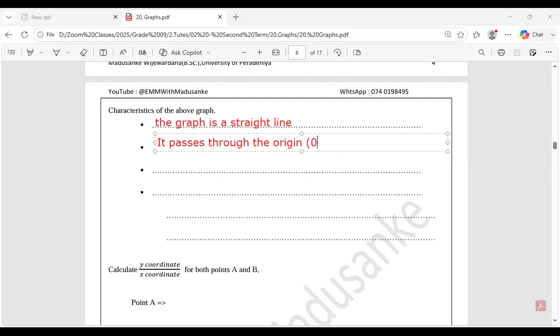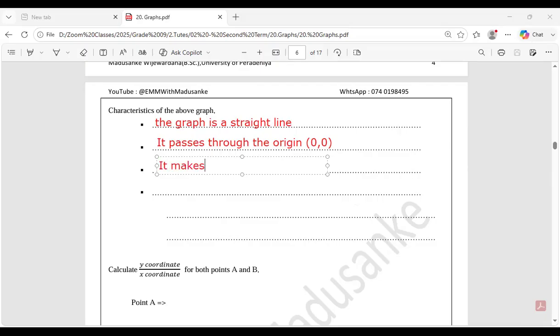Origin means 0, 0, right? As you can see, this one. And as I told you, you can see it makes an acute angle with the positive side of the x-axis, right?